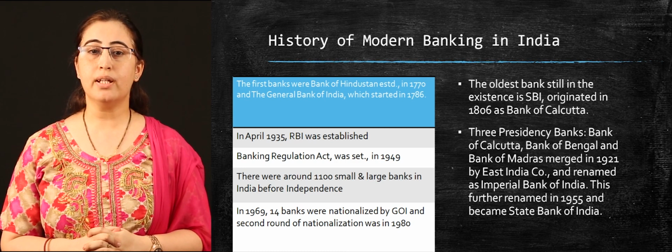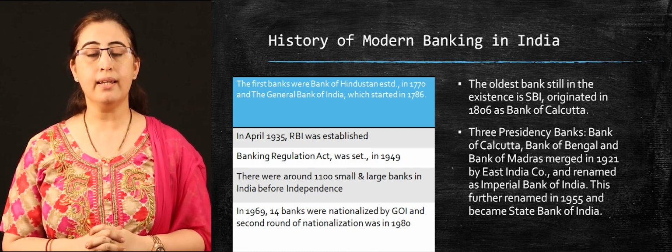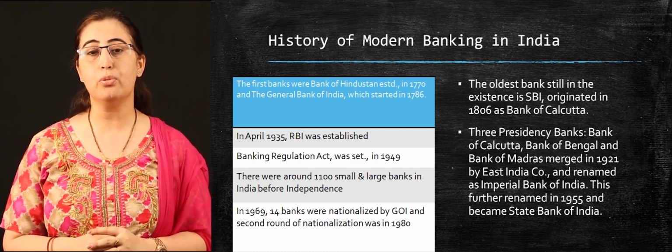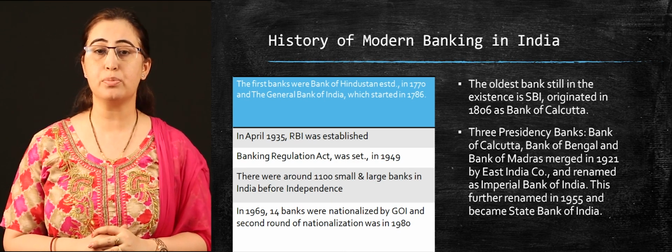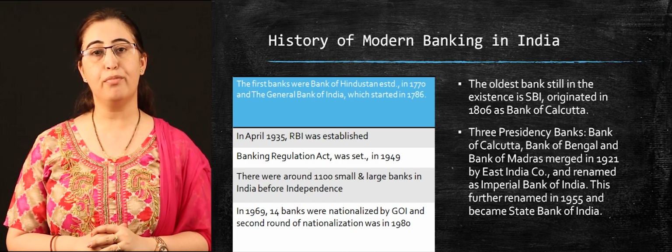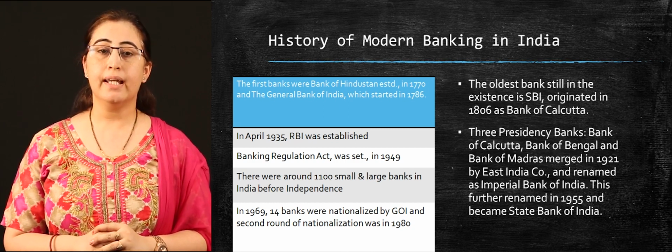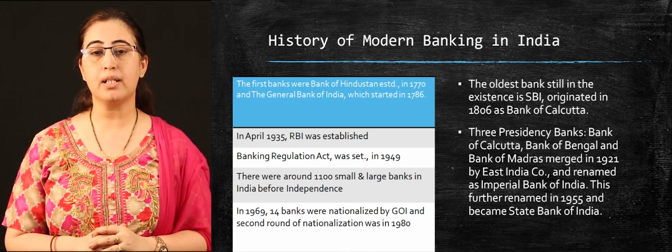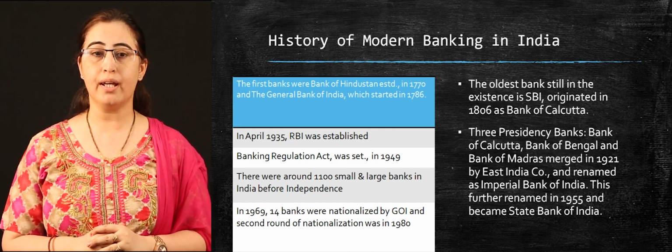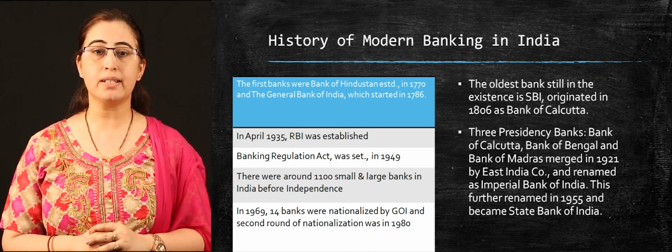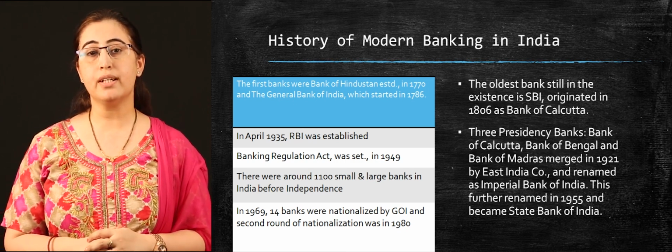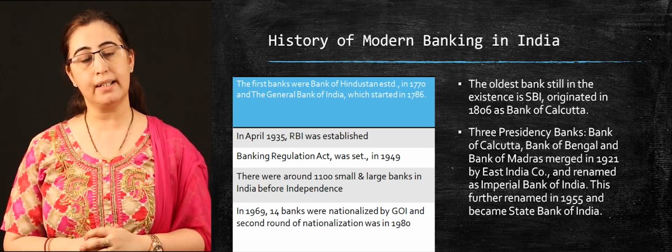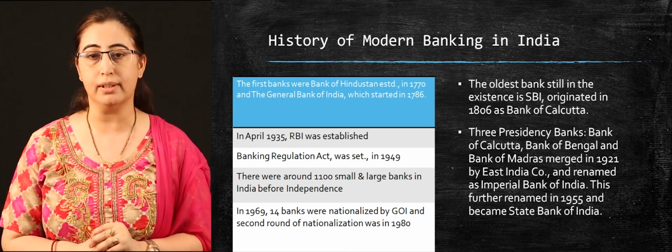With the Banking Regulation Act 1949, these banks were transferred into nationalized banks. There were around 1100 small and large banks in India before independence. In 1969, 14 banks were nationalized by the Government of India, and the second round of nationalization was in 1980. Recently we are going through the phase of merger of the banking sector from 2014 onwards.